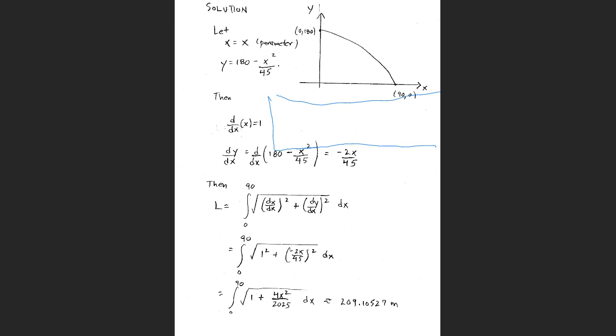So the arc length formula is the integral from a to b of the square root of (dx/dt) squared plus (dy/dt) squared, dt.